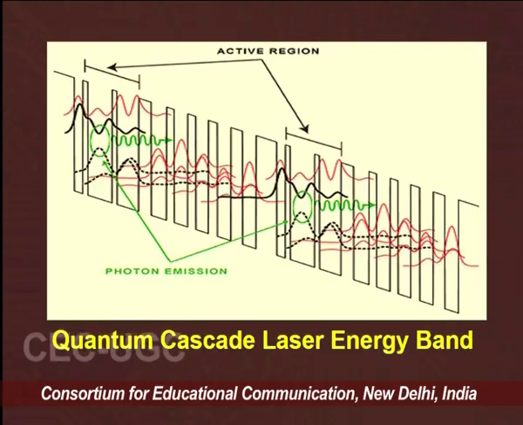So the quantum cascade laser energy band is defined in this manner: active region and photon emission.